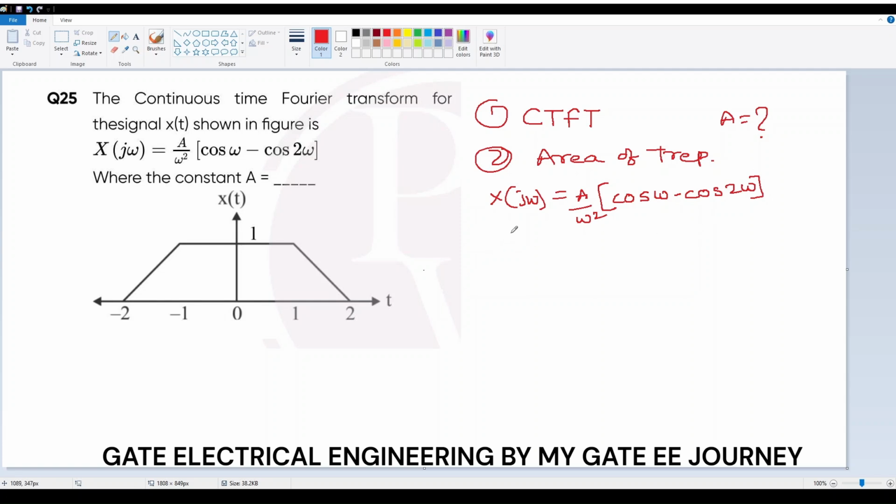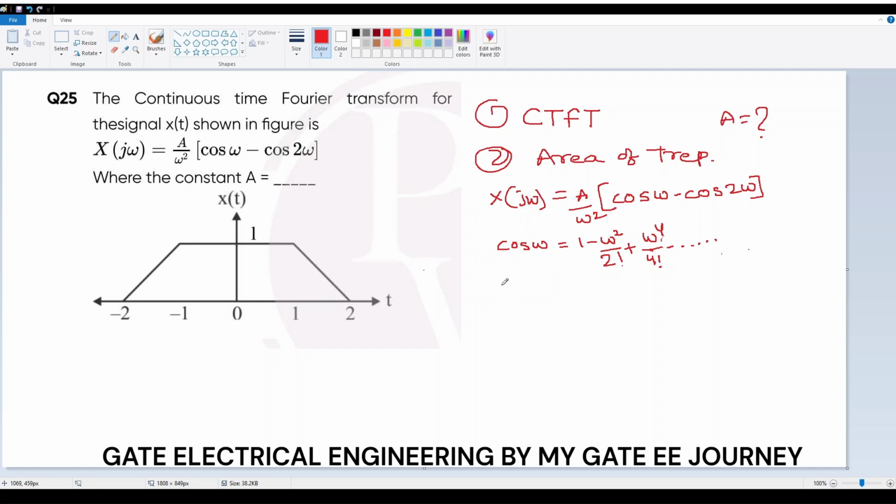We know cos omega is equal to 1 minus omega square by 2 factorial plus omega to the power of 4 by 4 factorial and so on.